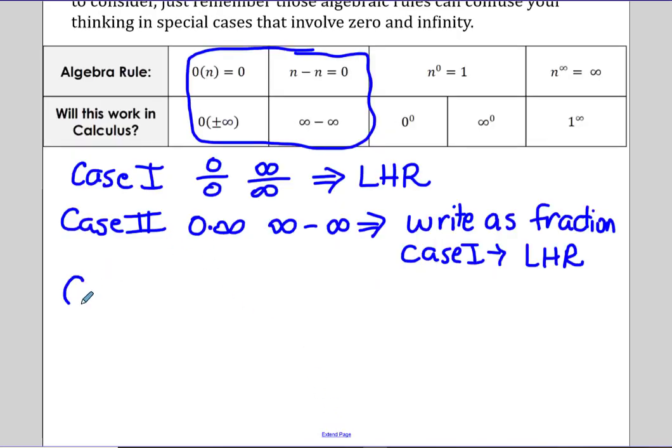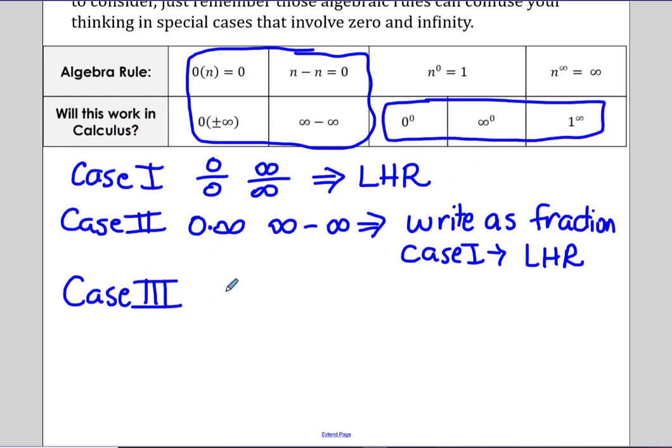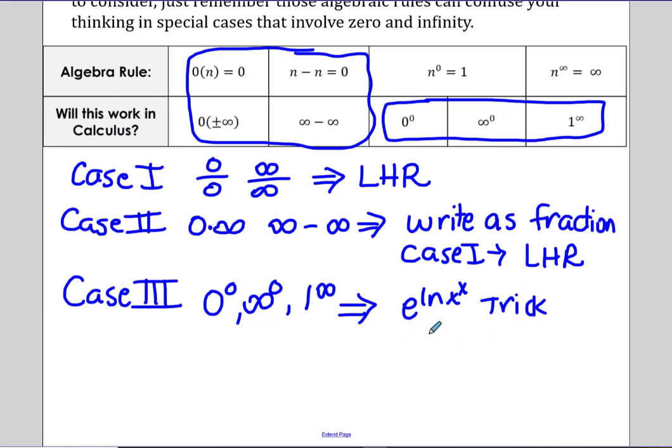At the end of the lesson, we're going to see the 3rd case, which is the more complicated of the indeterminate forms. That's when we have 0 to the 0 power, infinity to the 0 power, and 1 to the infinite power. Like I said, these are a little more complicated. In this strategy, we're going to use an e to the ln x to the x trick, and that way it'll give us a chance to write that as a fraction, which would lead us to case 2.